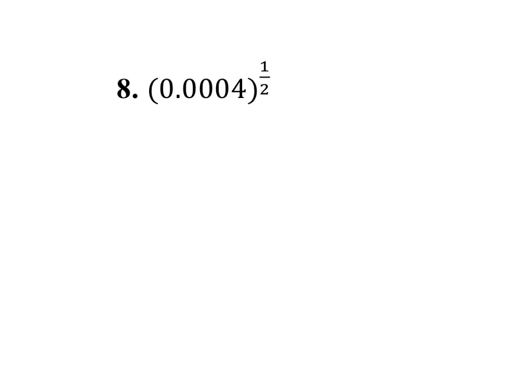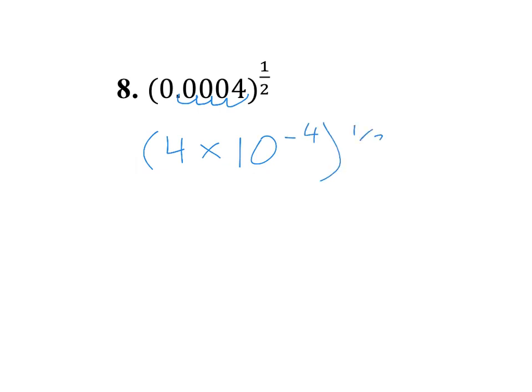Okay, for number 8, I'm going to change that into scientific notation. So I have in parentheses 4 times, and it looks like the decimal needs to move 4 times. And because we're making 4 smaller, it's times 10 to the negative 4th.